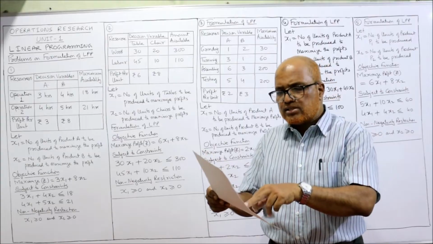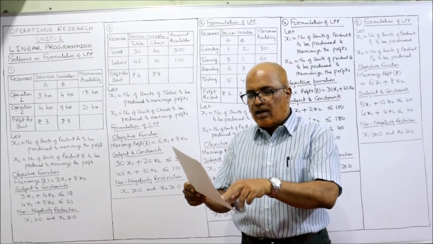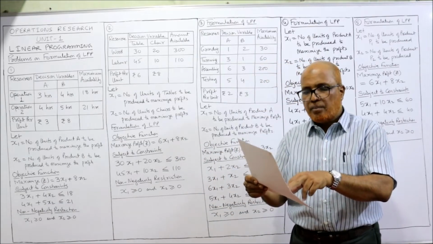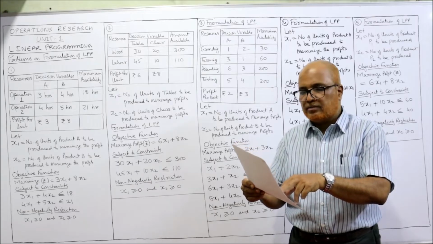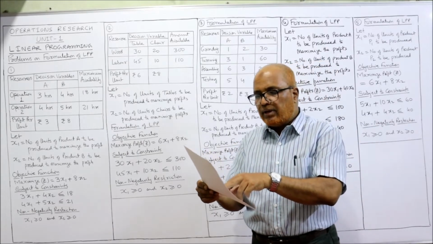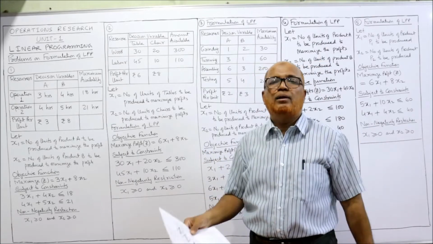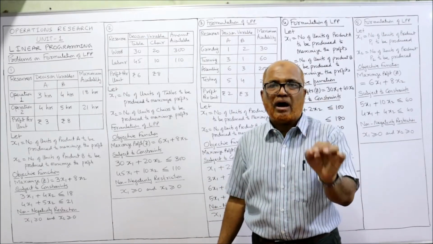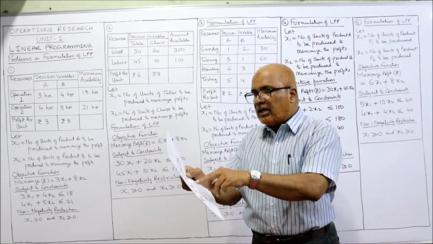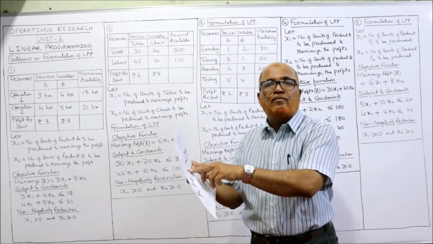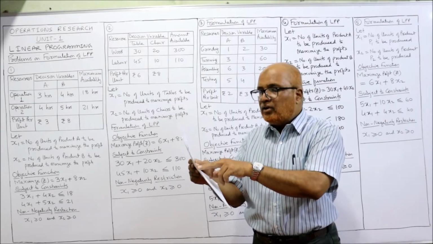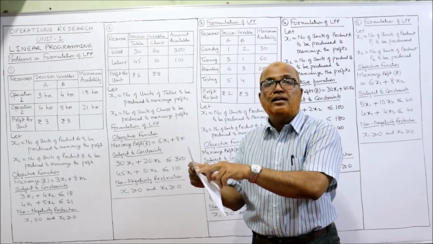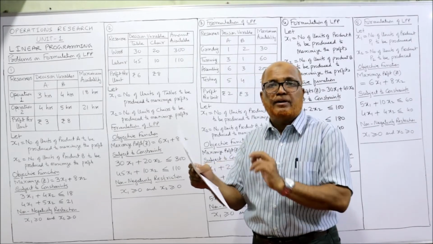Exactly similar. Resources are wood in square feet and labor in hours. Profit, unit profit in rupees. The unit requirement for table and chair, and the amount available. Amount available represents maximum availability. We don't have more than 300 square feet of wood. We don't have more than 110 hours of labor time.